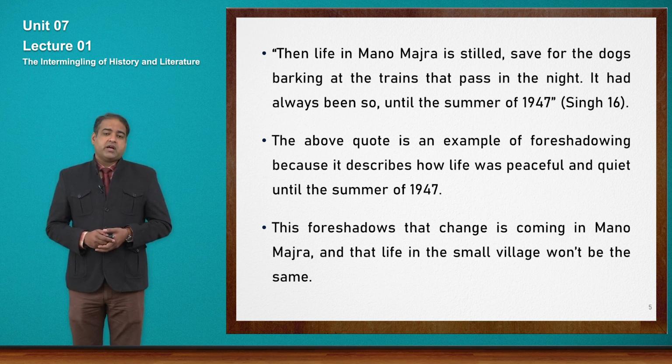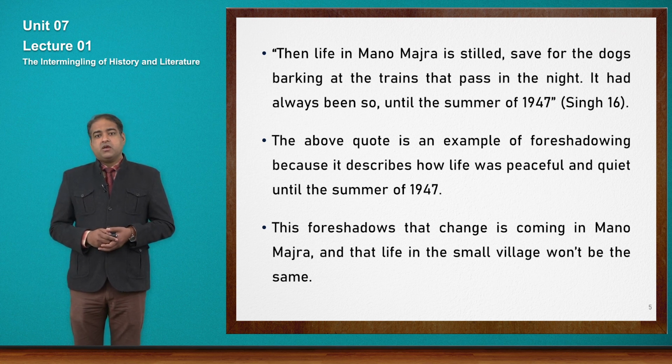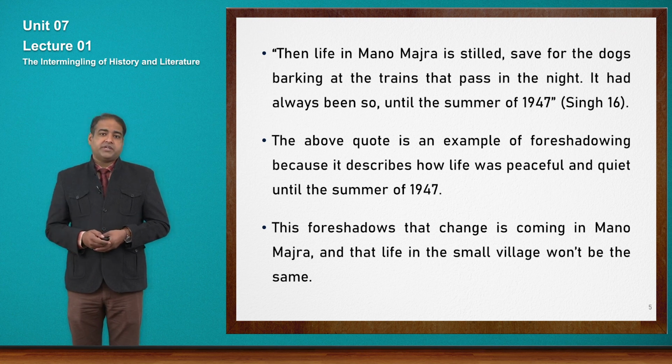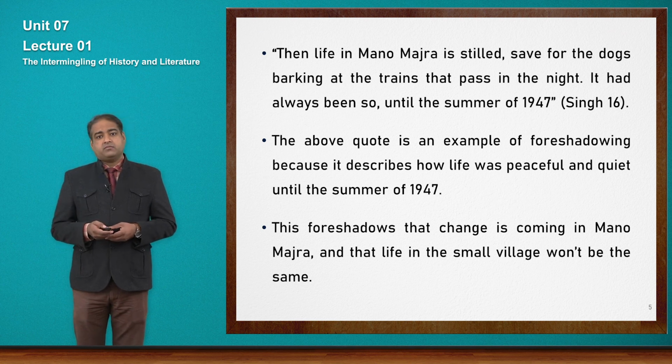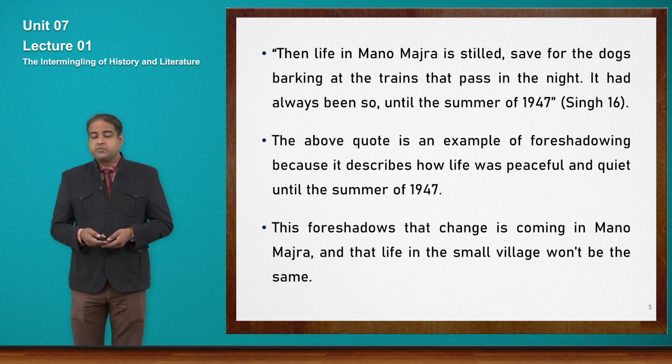Foreshadowing is a kind of technique which suggests the hint of the coming incident. The incident might be good or bad, it might be threatening, it might be joyful, but there is some hint that something is going to happen in the coming scene, something which is not expected by the characters.